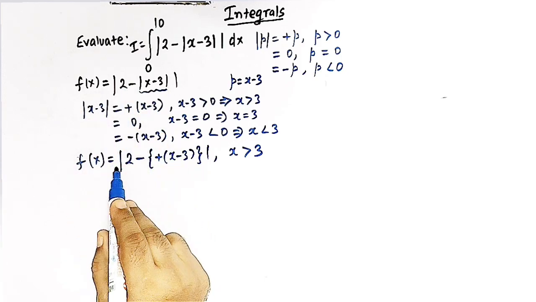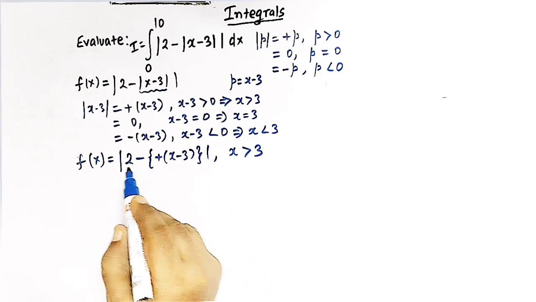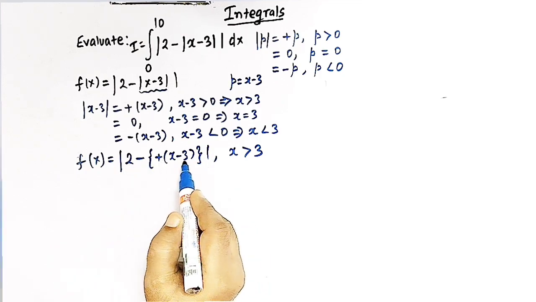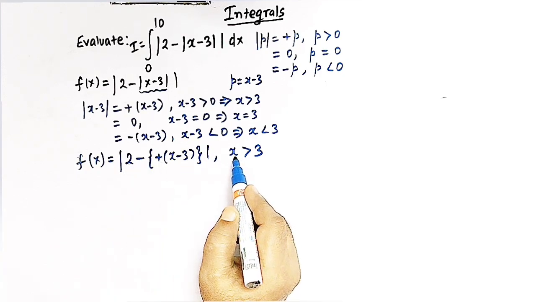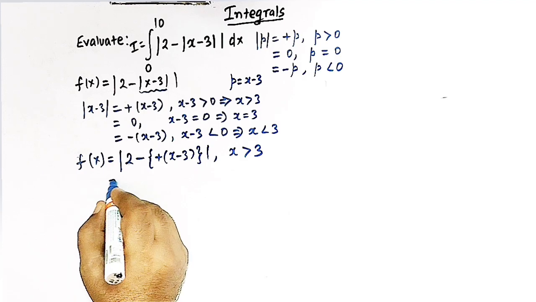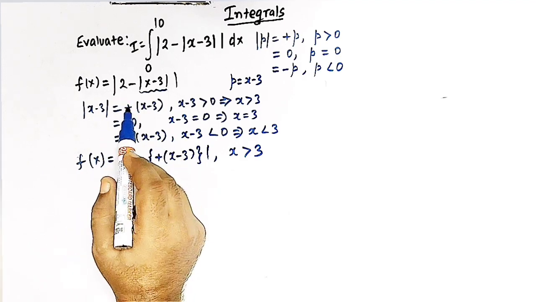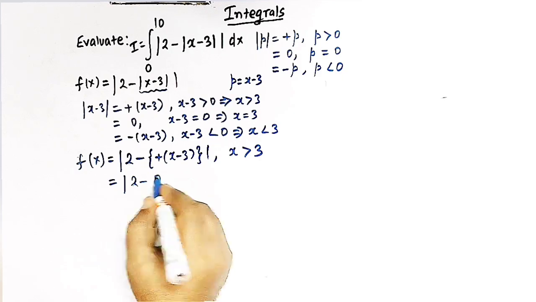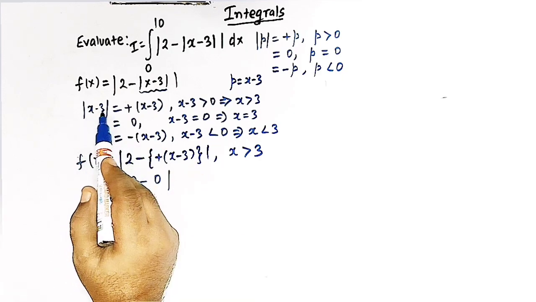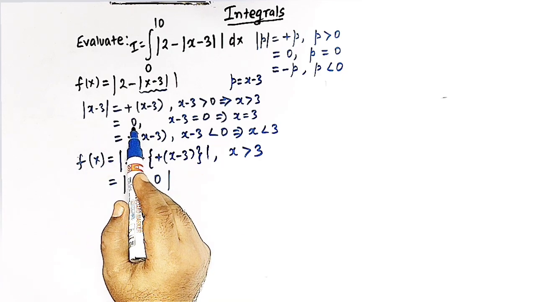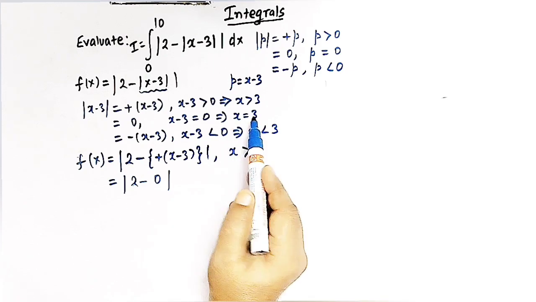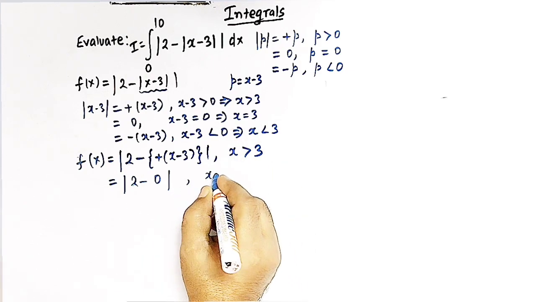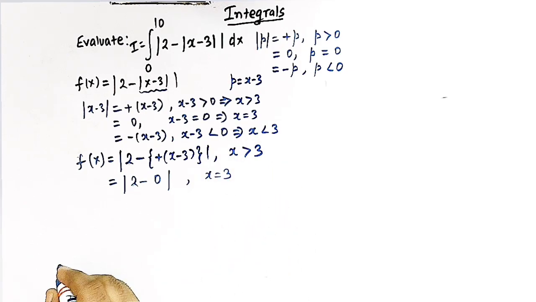And f of x is equal to mod of 2 minus 0, because mod of x minus 3 is equal to 0 when x is equal to 3.